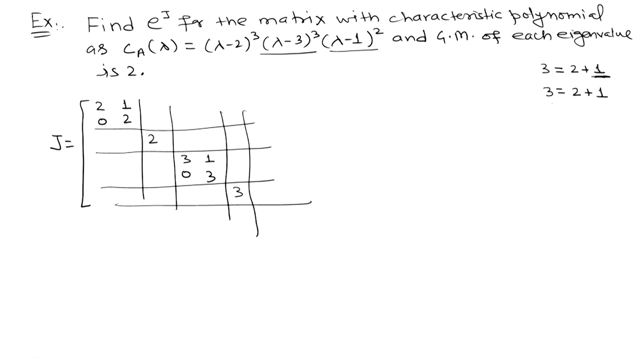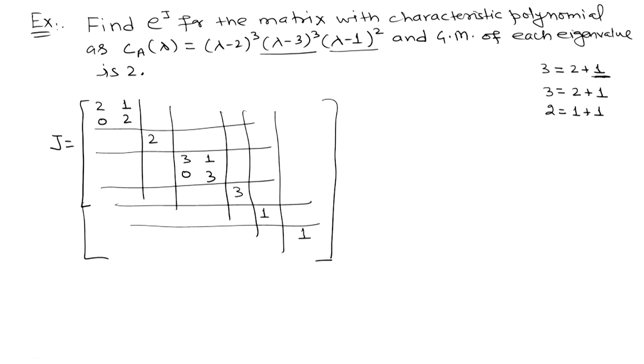Here the algebraic multiplicity of lambda equals 1 is 2, and the geometric multiplicity is 2, so there will be 2 factors, 2 positive integers whose sum is 2, each 1 plus 1. So, then I will have 1 and 1. So, this is my matrix J.